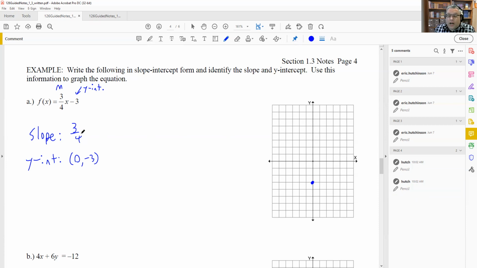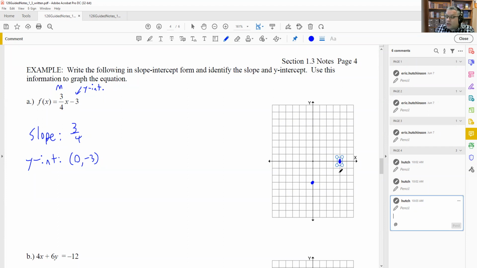The bottom number is your change in x. If it's positive, you move to the right; if it's negative, you move to the left. Since both of these are positive, from the y-intercept I'm going to go up 3 units and then 4 units to the right. That gives me my next point on the graph.